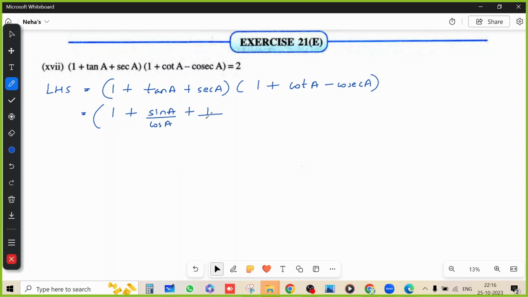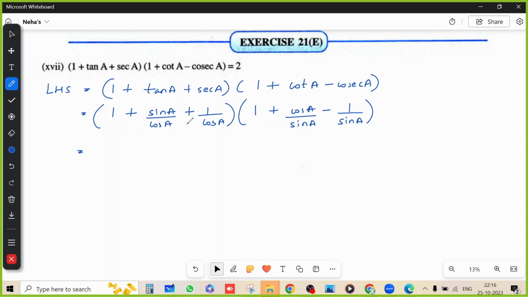Sec a can be written as 1 divided by cos a. 1 again will be written as it is. Then cot a can be written as cos a divided by sine a, and minus cosec A can be written as 1 by sine A.